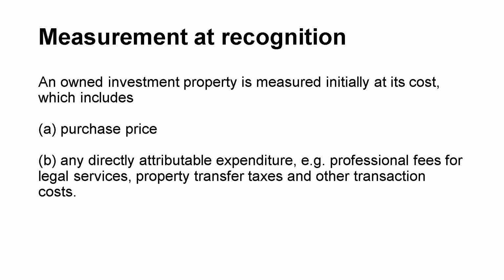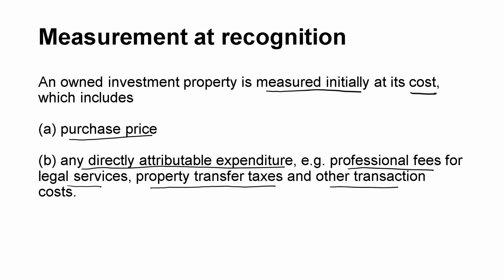At the time of initial measurement, investment property is measured initially at cost, and the cost of investment property includes its purchase price and any directly attributable expenditure. Examples of directly attributable expenditures are professional fees for legal services, any property transfer tax, and any other transaction cost.